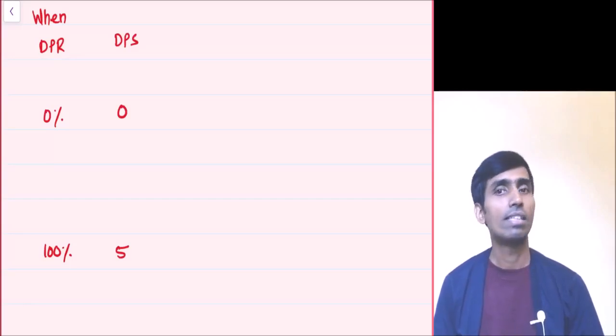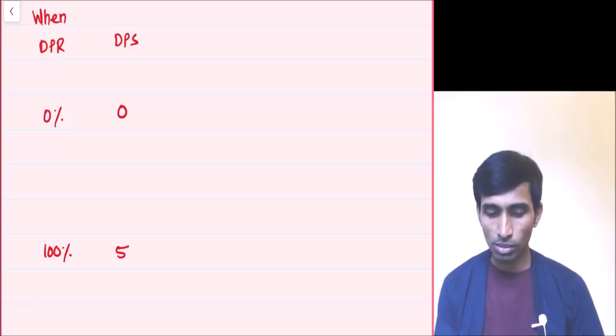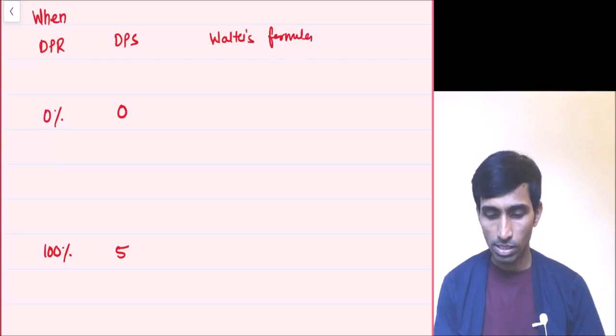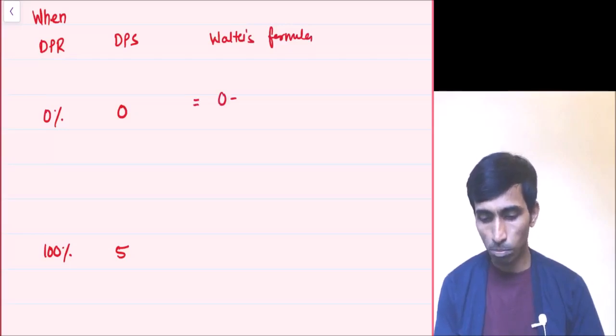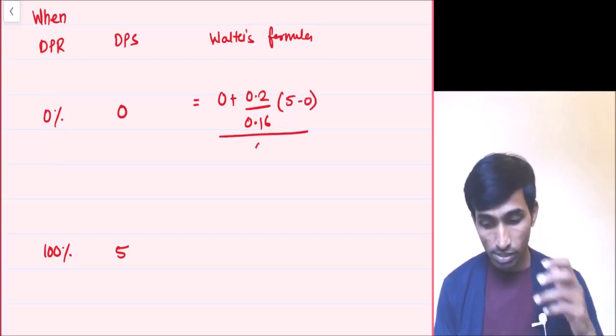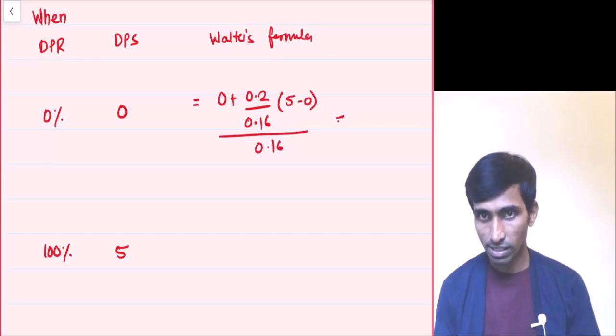Understood. Then I will apply Walter's formula. 0 plus R was 0.2 divided by 0.16 into 5 minus 0, dividend is 0, earnings is 5, over 0.16. Check the answer.